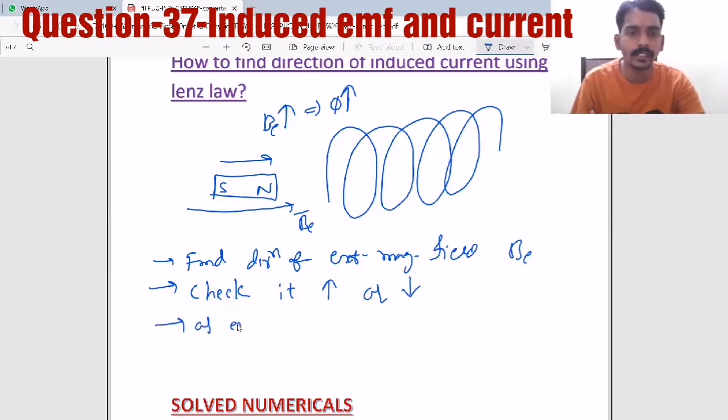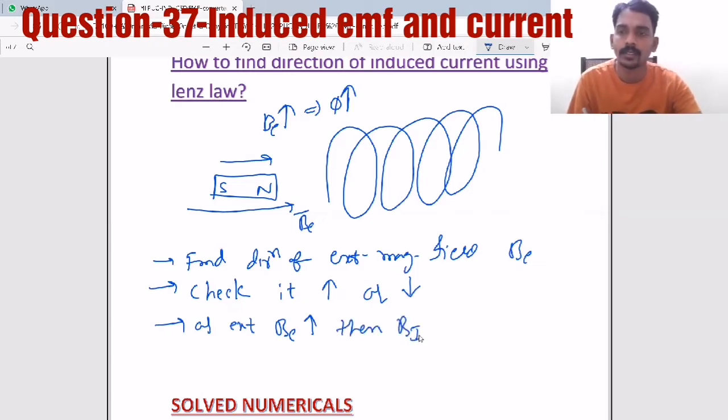As the external field increases, the current is induced such that the field due to the induced current, that is the induced field, opposes it. It must be opposite to the external field.